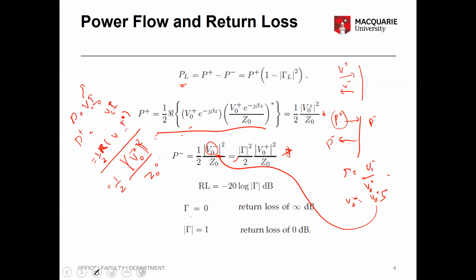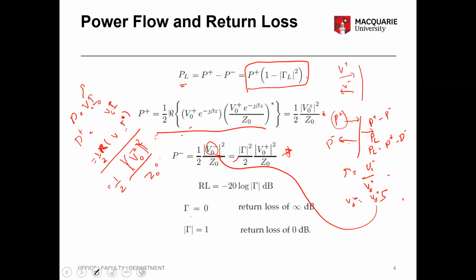So PL equals P plus minus P minus, and if you sub in these values, you get this formula: the power delivered in the forward wave times 1 minus the reflection coefficient squared.